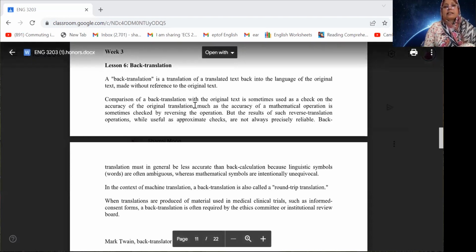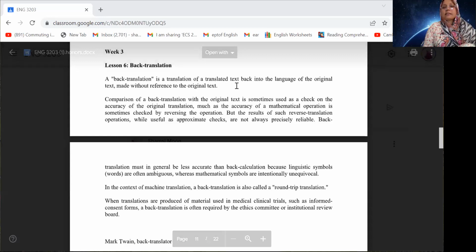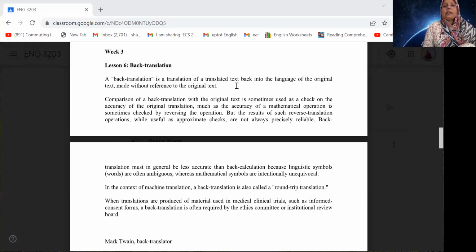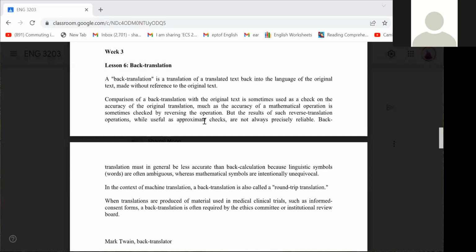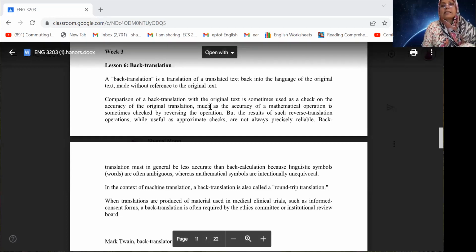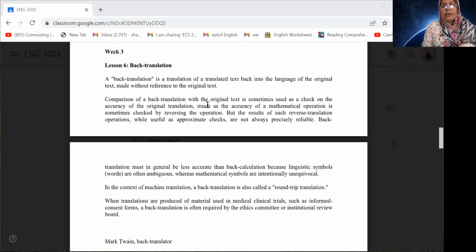Is this understandable? The translated text will be translated back into the language of the original text. That means the translated text and the original text are similar, but there will be no reference to the original text.